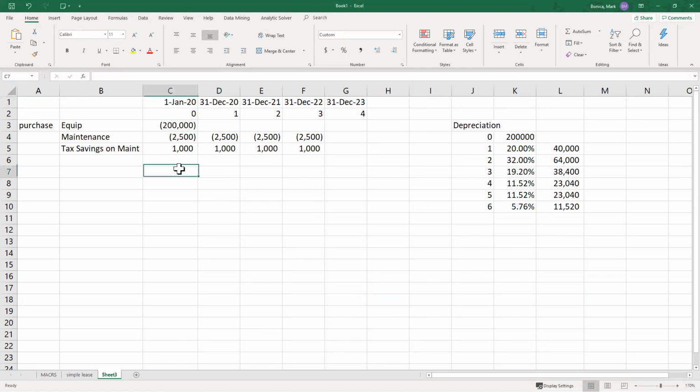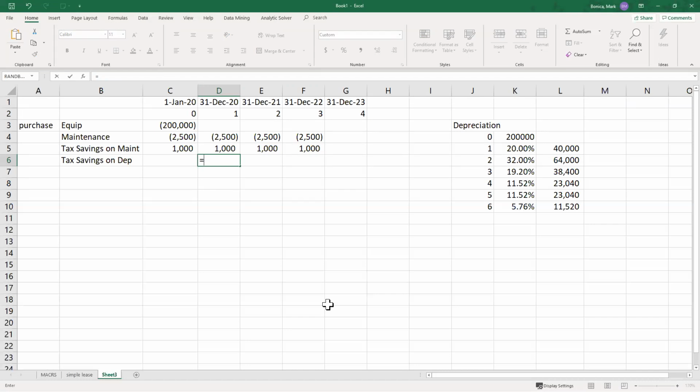All right, so we've covered maintenance expense. So what's left? Well, depreciation. So tax savings on depreciation. Depreciation happens at the end of each year. So my tax savings for depreciation is going to be 40% in this case because that's their tax rate. It's going to be the tax rate times however much depreciation expense I can take.